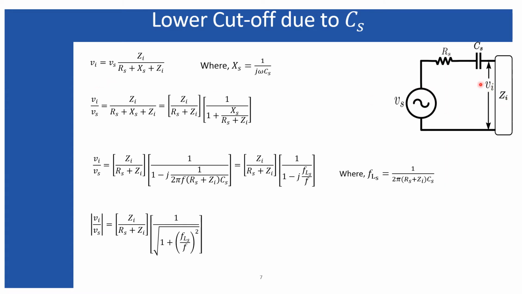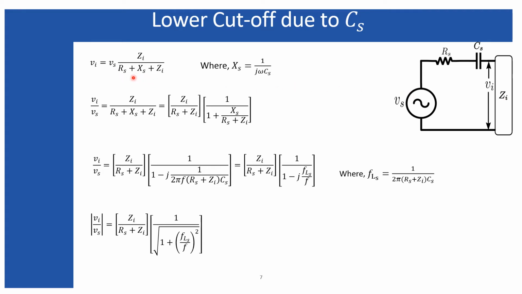You just have to find the voltage across this Zi, and that voltage is the Vi. If you apply the voltage divider rule, Vi will equal Vs times Zi divided by the summation of all the impedances. So the resistance Rs will appear over here, and the impedance of this capacitor is actually the reactance, which I am considering as Xs for Cs, and Zi is the input impedance of the bipolar junction transistor.